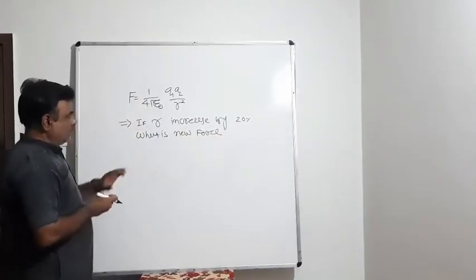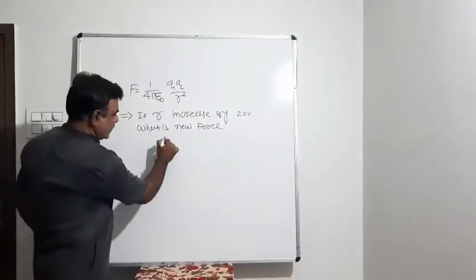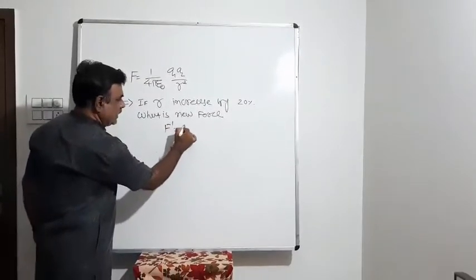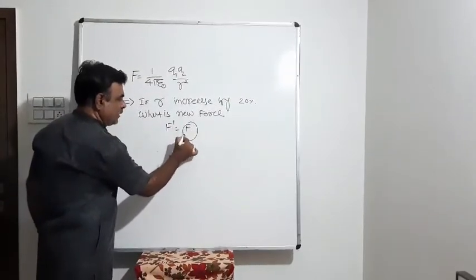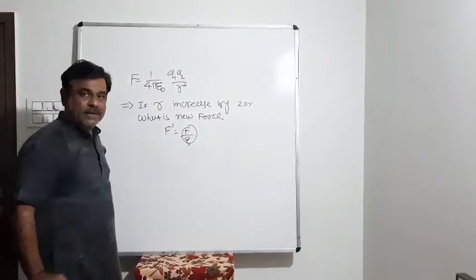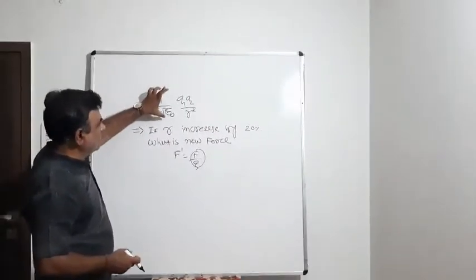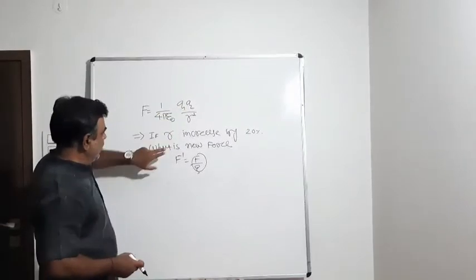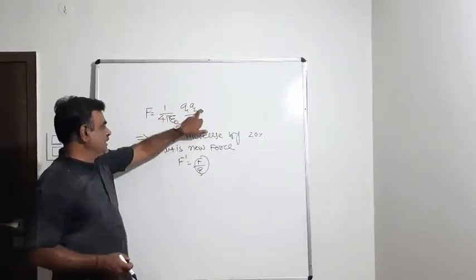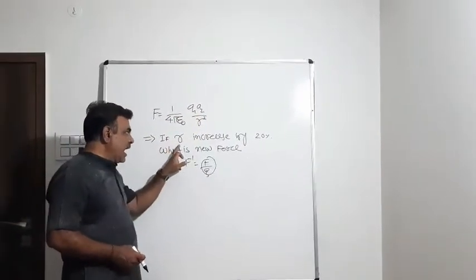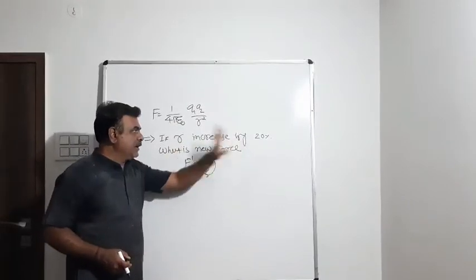Here also, you are supposed to get the answer for the new force F dash in terms of the original force F, F into something. Now the charges are not changing, but r is increasing by 20%.